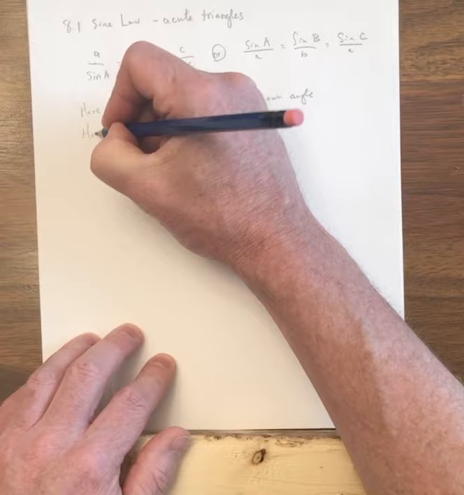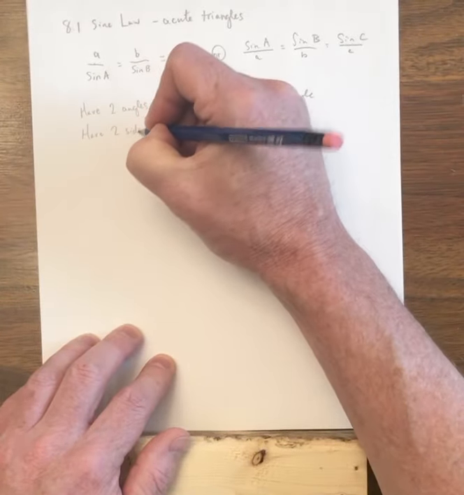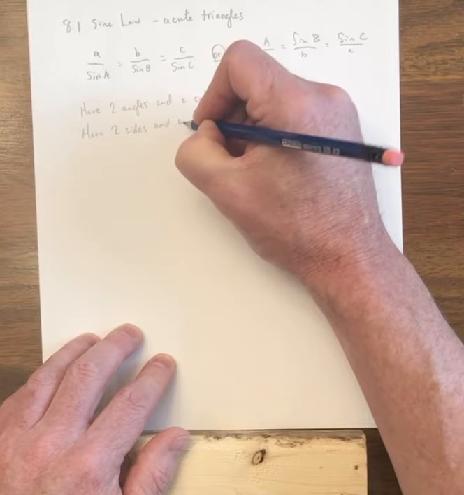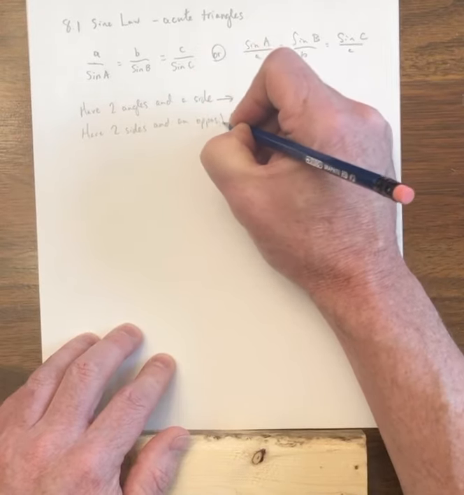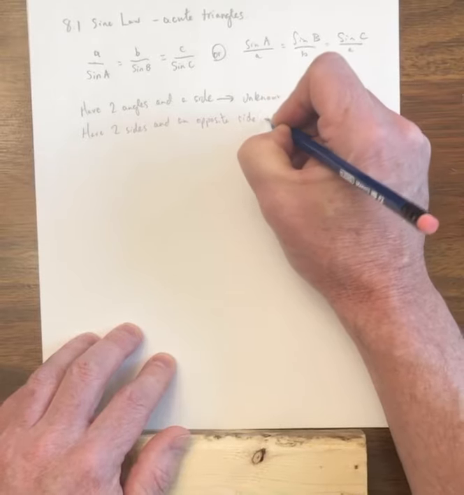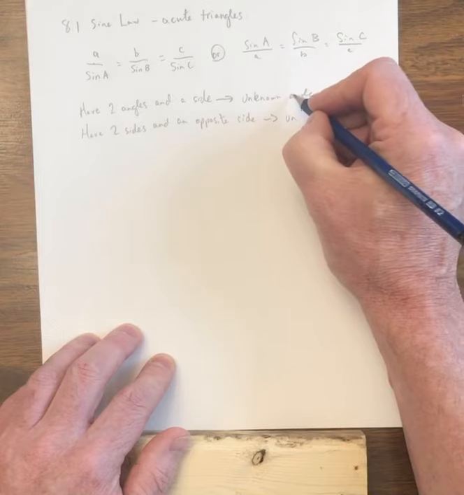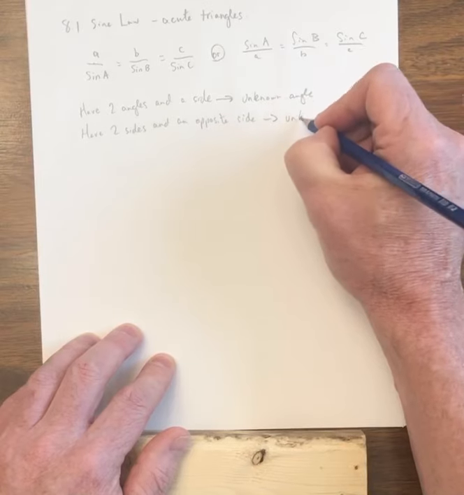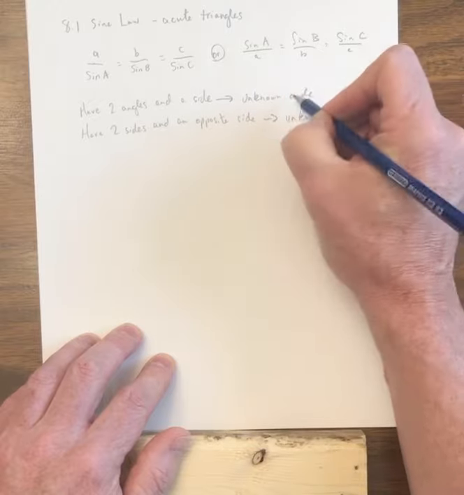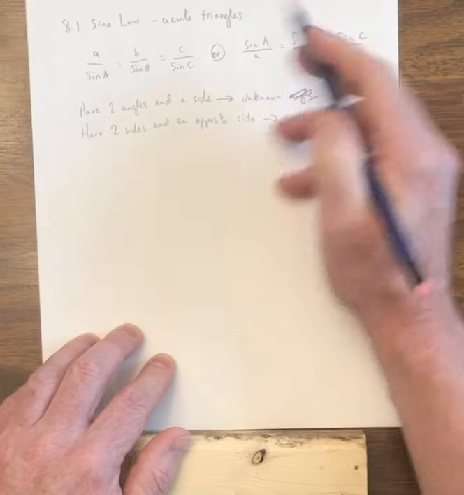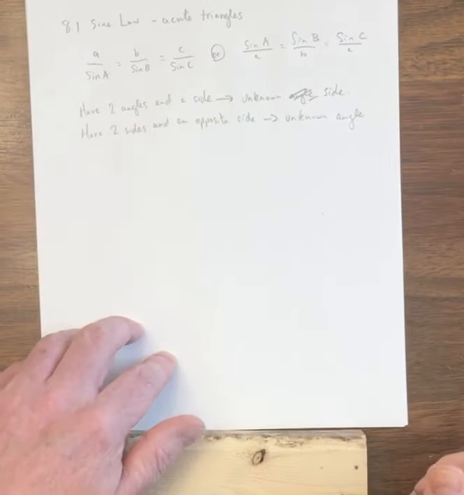And if we have 2 sides and an opposite side, we can solve for an unknown angle. And I made a mistake. If we have 2 angles and a side, we can solve for an unknown side.